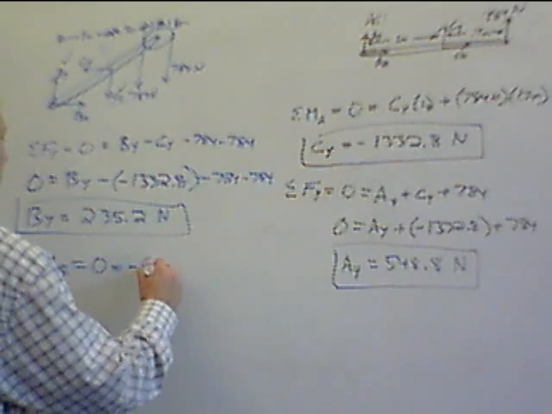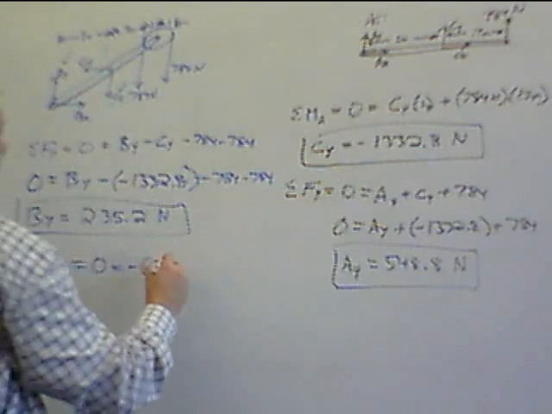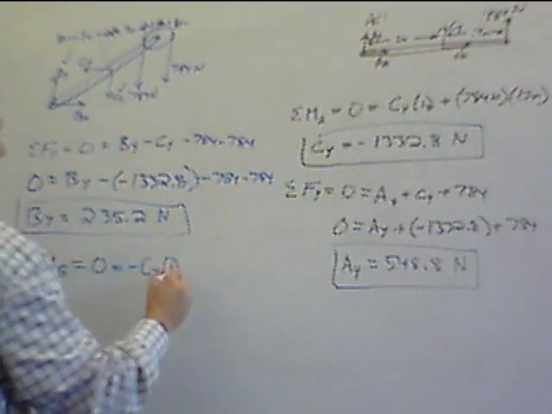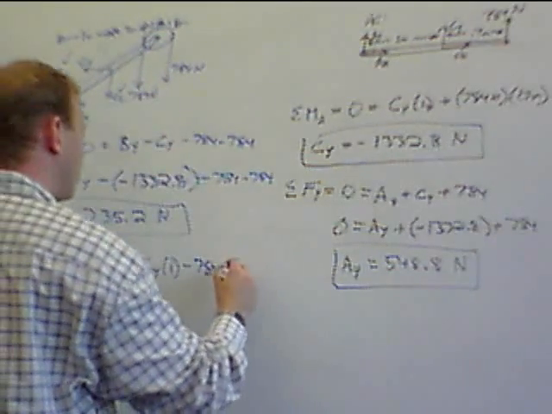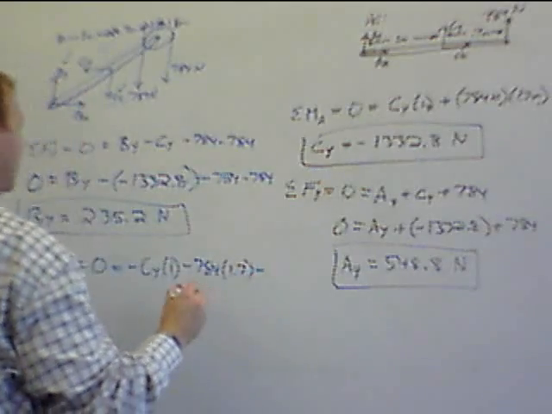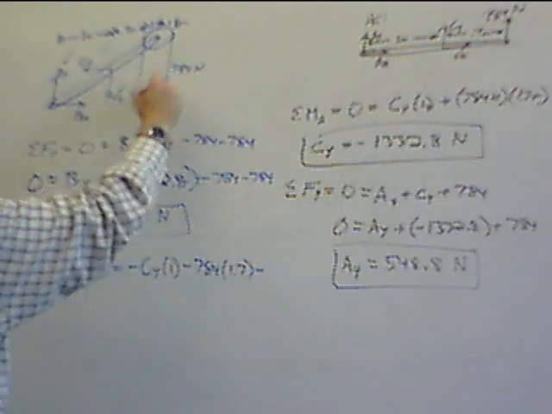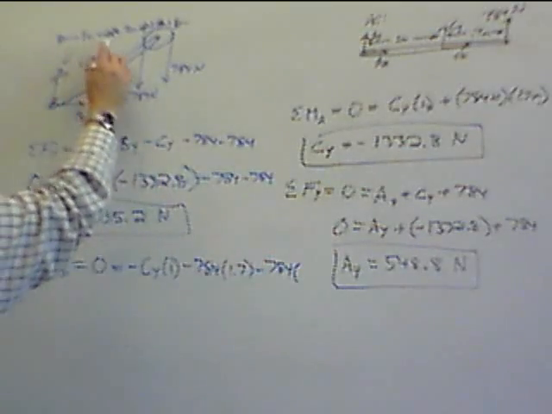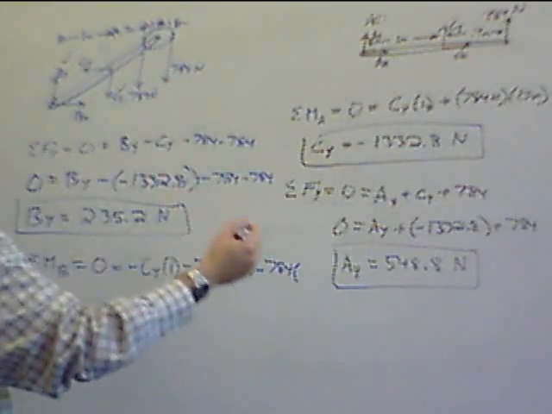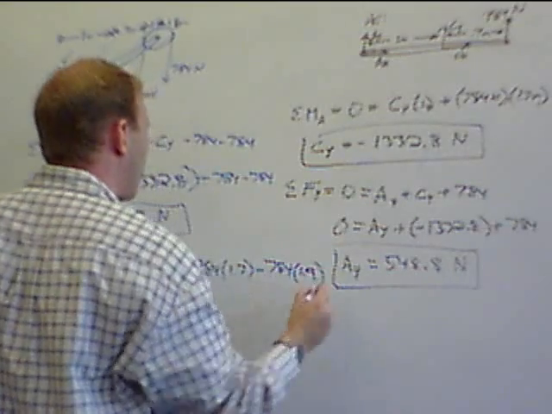Minus CY times 1 minus 784 times 1.7 minus, for the other 784, times 1.7 plus 0.1 plus 0.1, 1.9.